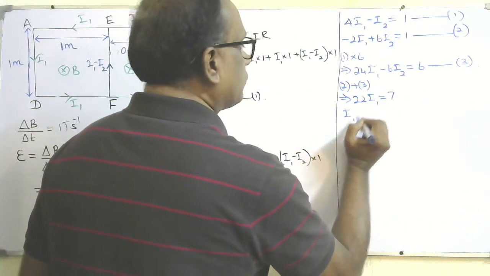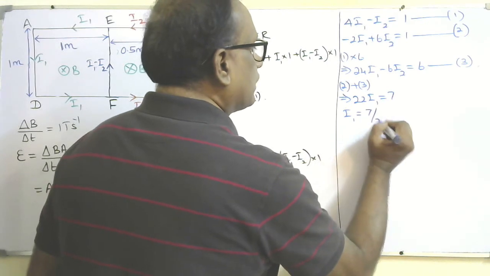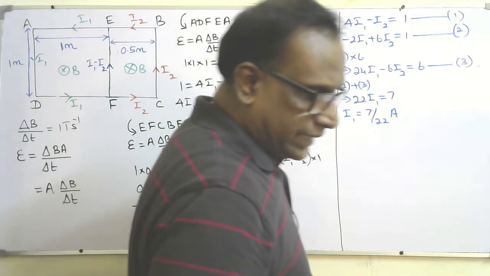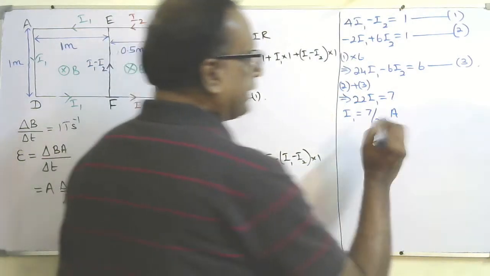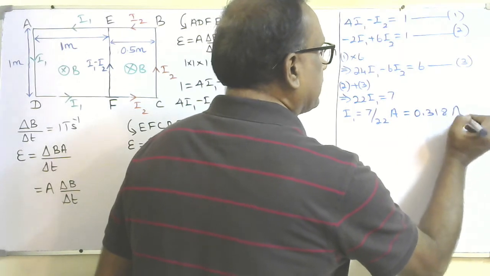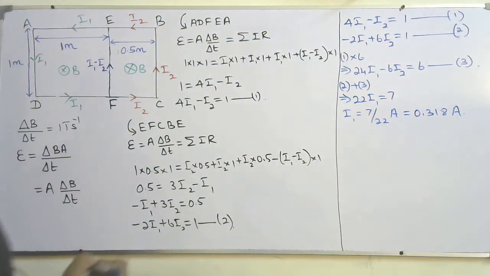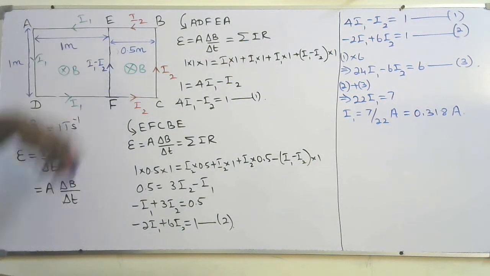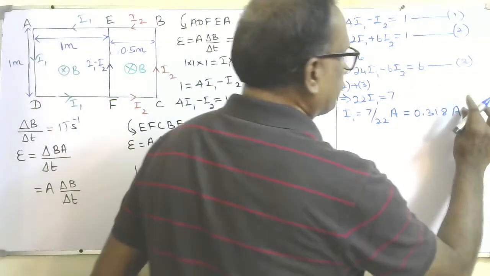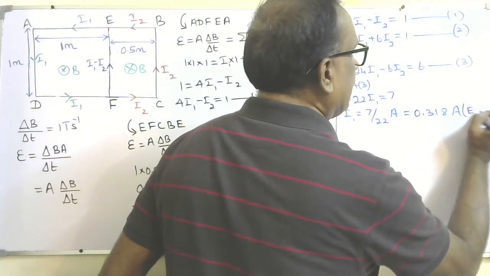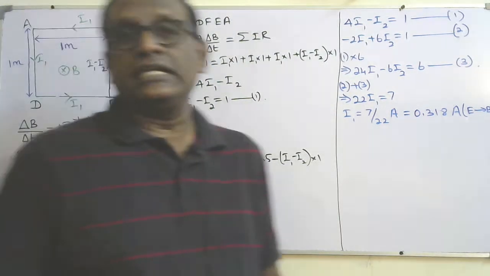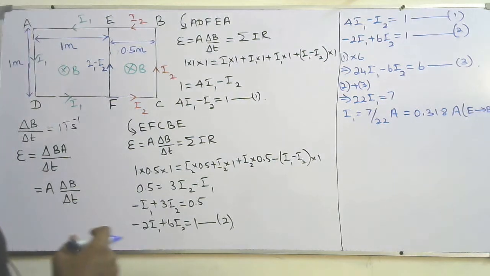So I1 is equal to 7 over 22 amperes, which is 0.318 amperes. So that's the current flow on AE. The direction of the current, I can say, is E to B. We found it by using Lenz's law. E to B. So I found that current.